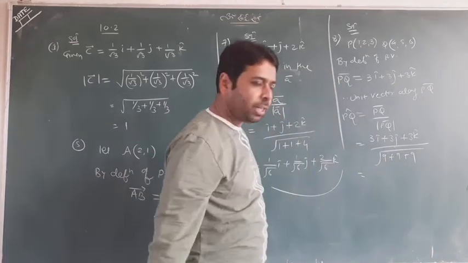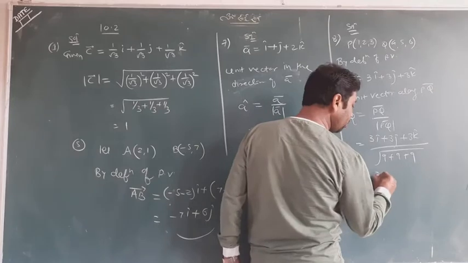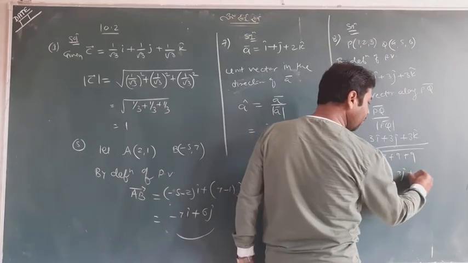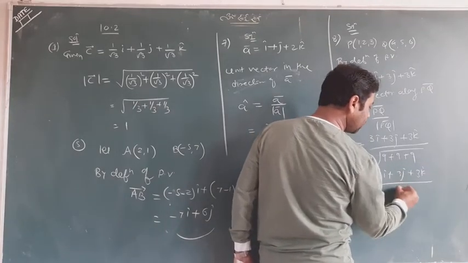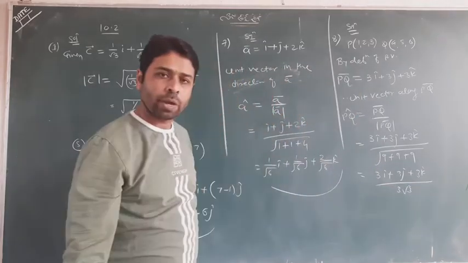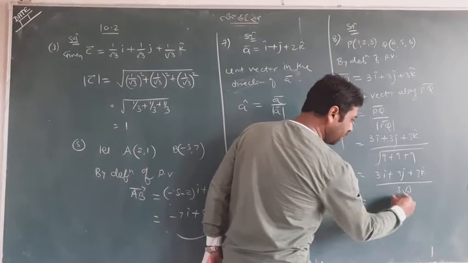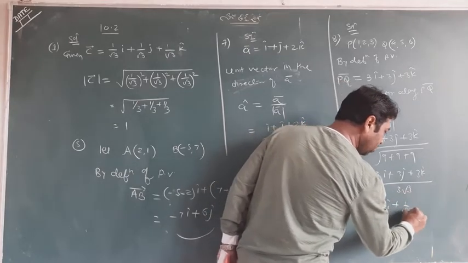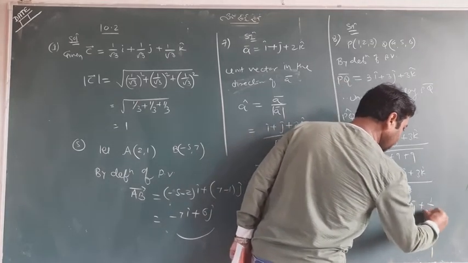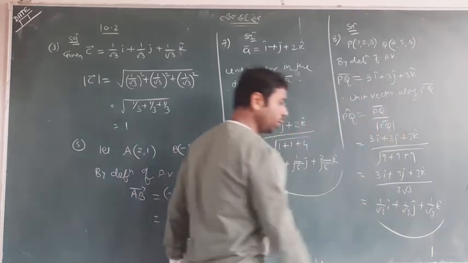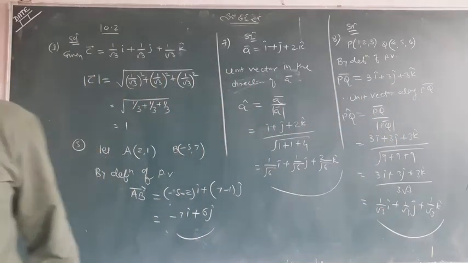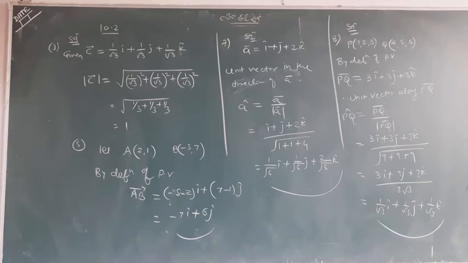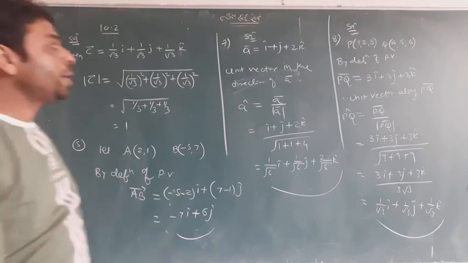So ultimately in the denominator we have 3 root 3. You separate the sum: this by this, 3 and 3 cancel; this by this, 3 and 3 cancel; and this by this, 3 and 3 cancel. So this is the unit vector along PQ that we have got.